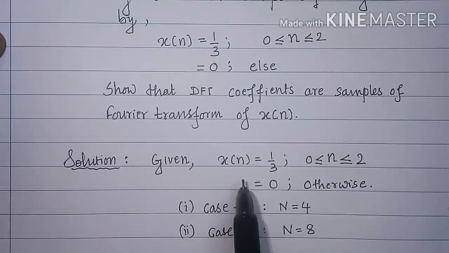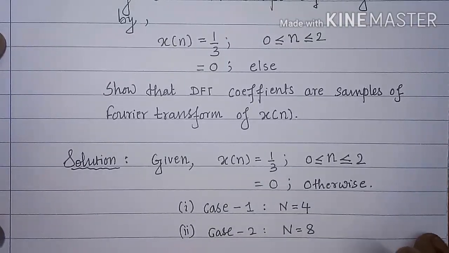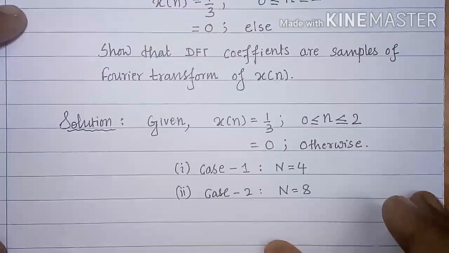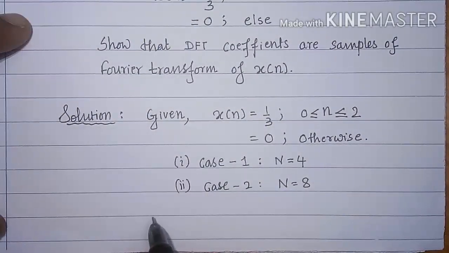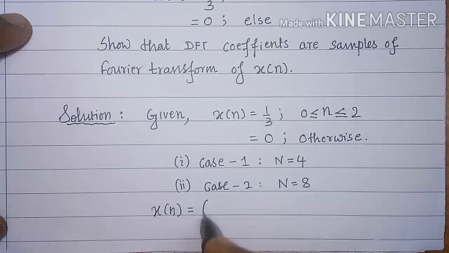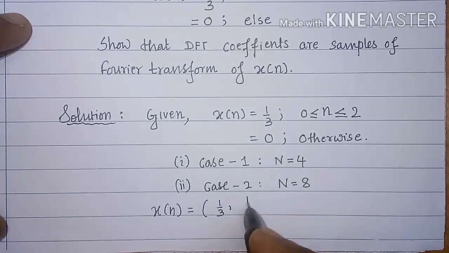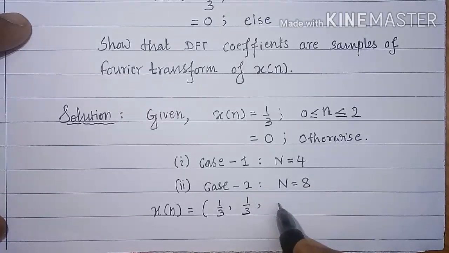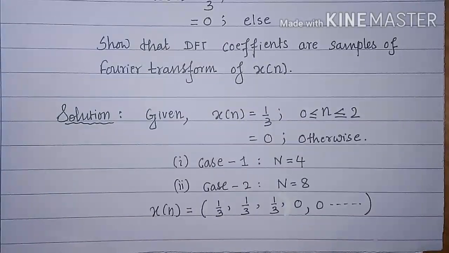From given, we will write x of n sequence. x of n equal to 1/3, 1/3, 1/3, 0, 0.